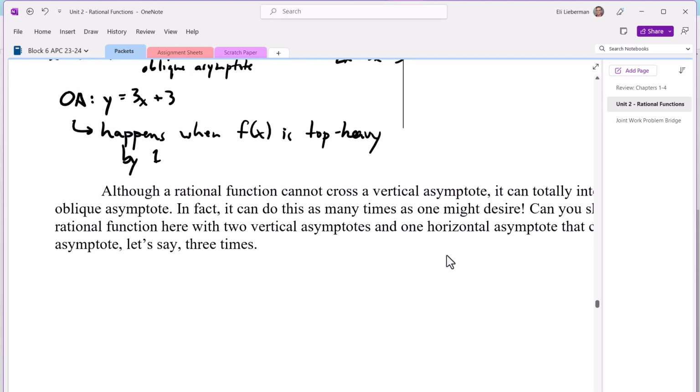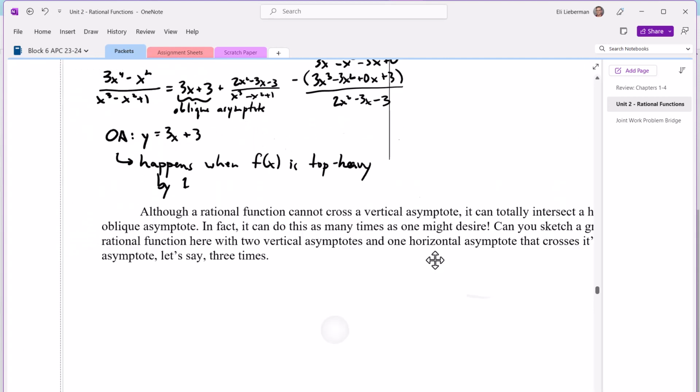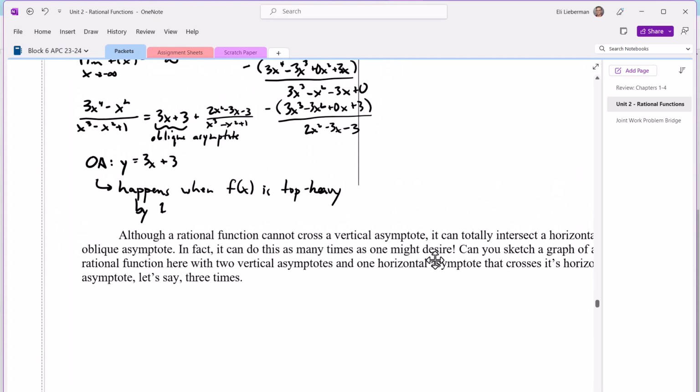Asymptotes! You may have been conditioned to believe that they can't be touched. It's true that vertical asymptotes cannot be touched, but horizontal asymptotes, touch away. What I mean by that is they can be crossed. That may not sit well with you. I understand. It might keep you up tonight.